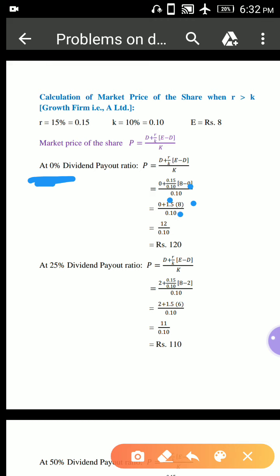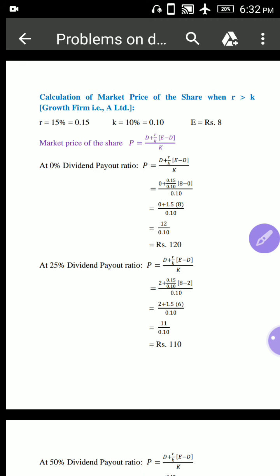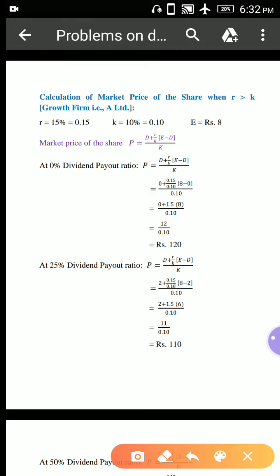0 plus 0.15 divided by 0.10, that is equals to 1.5 into 8 minus 0, that is 8, divided by 0.10 as it is, that is equals to 1.5 into 8. Here 1.5 into 8, that is equals to 12. 12 by 0.10, that is equals to 120. So market price of the share at 0% dividend payout ratio is 120.